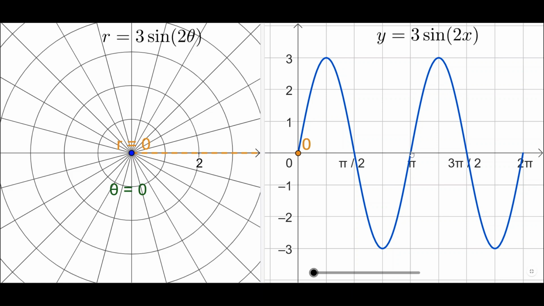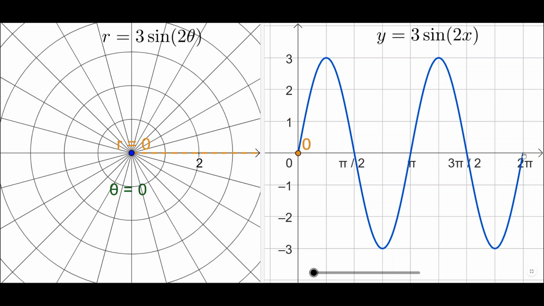Then it repeats that: starting at pi, it goes up to the maximum, down to the minimum, and back to the middle of the graph at 2 pi. So it's going to do that twice. But doing that twice only corresponds to one full revolution around the unit circle. And so we want to see what this looks like.